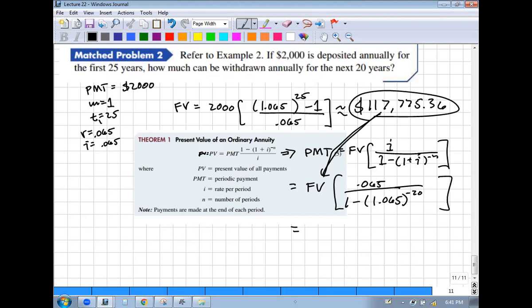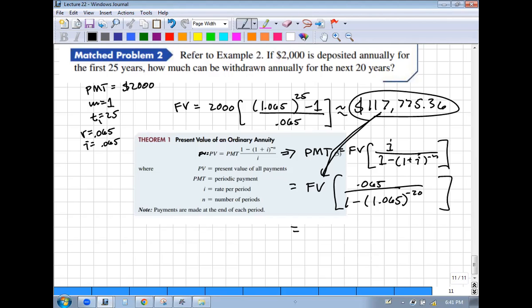Parentheses. 117,775.36 times 0.065 divided by 1 minus 1.065 to the negative 20, parentheses.